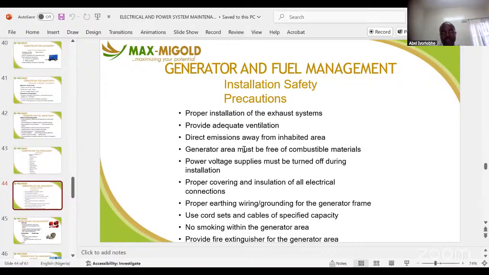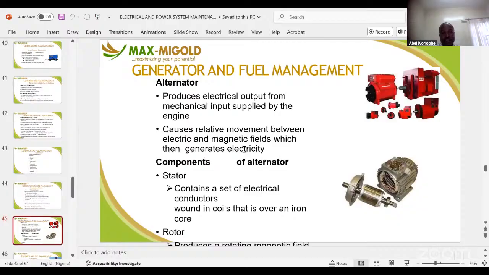So you may need to hire the service of a competent technician or expert that will help you achieve all of this. Like I said, this is an alternator where electricity is generated. It has two components, the rotor and the stator. The rotor is this and the stator is this. They work in opposite direction. As long as there is motion in this alternator, electricity is generated.